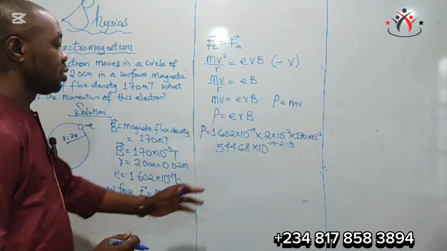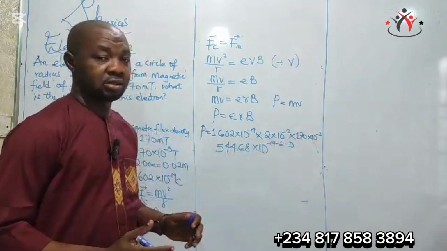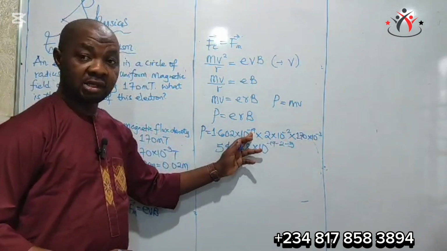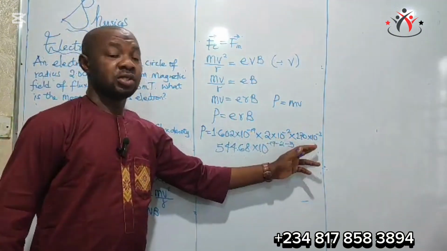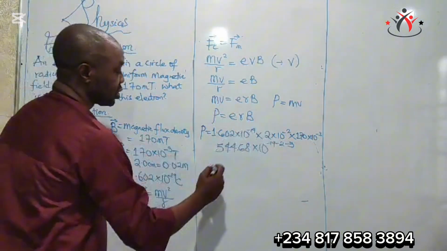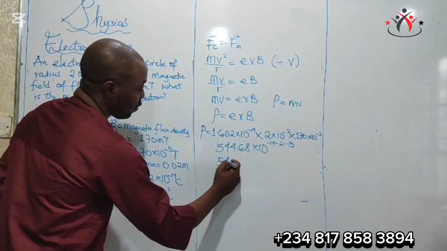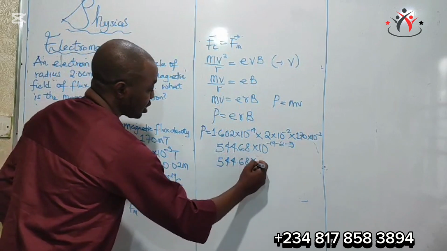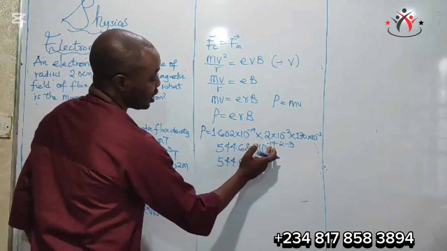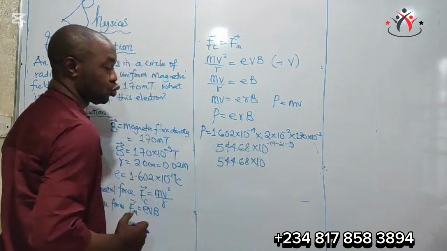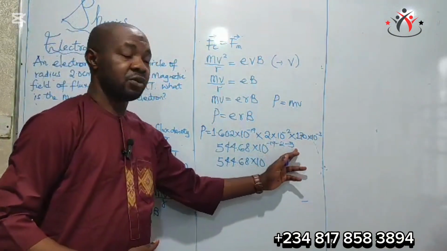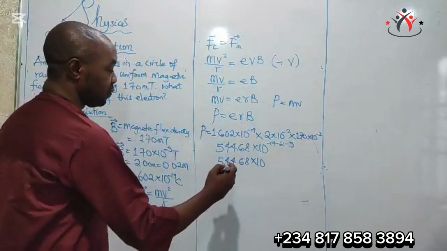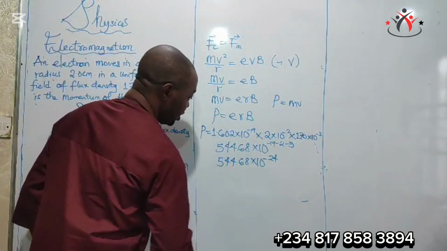We combine the powers of 10: 10 to the negative 19 multiplied by 10 to the negative 2, then multiplied by 10 to the negative 3. So this will be 544.68 multiplied by 10 to the negative 19 minus 2, that will be negative 21, and negative 21 minus 3 will be 10 to the negative 24.